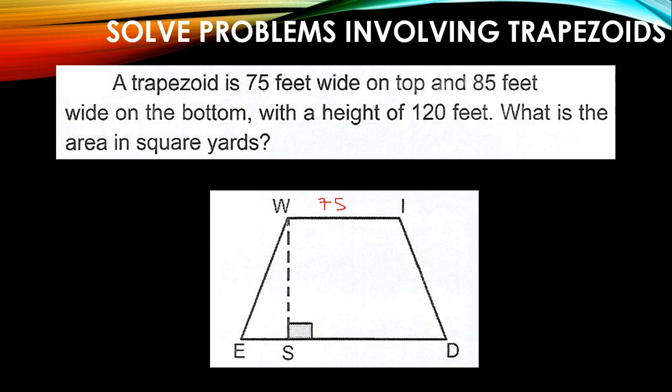That is the WI. Then, 85 feet wide at the bottom. So, that is ED, which is 85. With a height of 120 feet. So, that is WS, which is the altitude or the height. So, that is 120. What is the area in square yards?